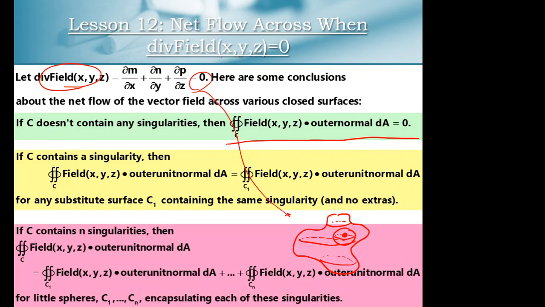And then you guys have seen tricks like this before. If you have multiple singularities inside of your surface, no big deal. Just use a bunch of little spheres to encapsulate the bunch of little singularities. It's the same exact technique that you guys saw in previous chapters. It was circles in the previous chapter, but spheres, circles, they're analogous to each other in two-dimensional versus three-dimensional space, not a big deal.